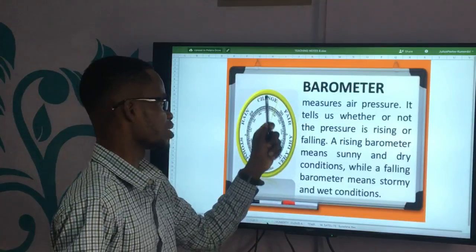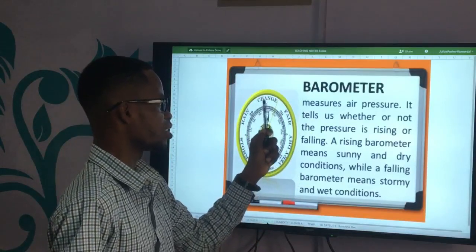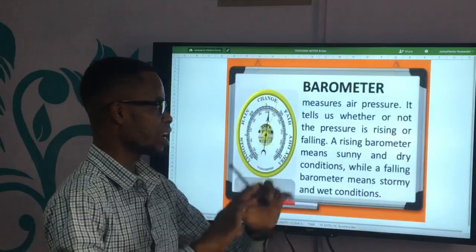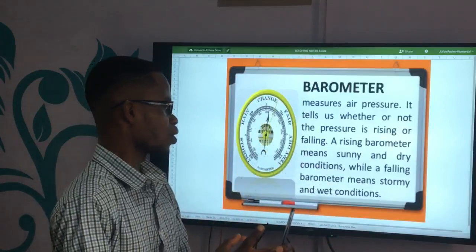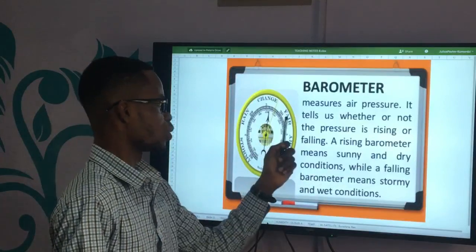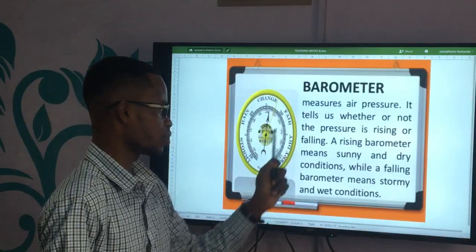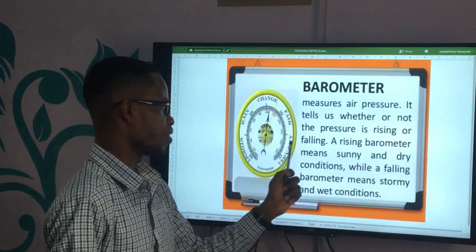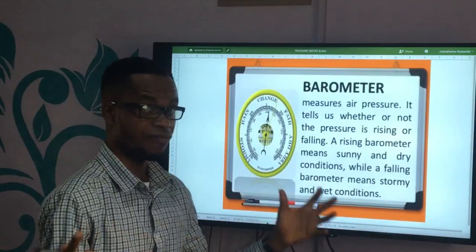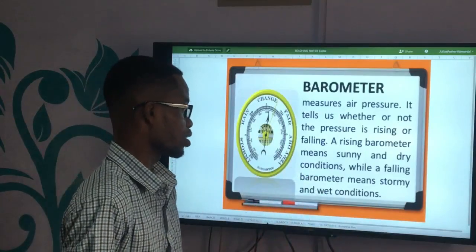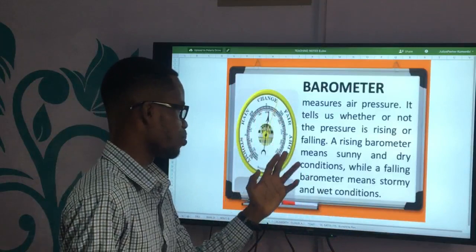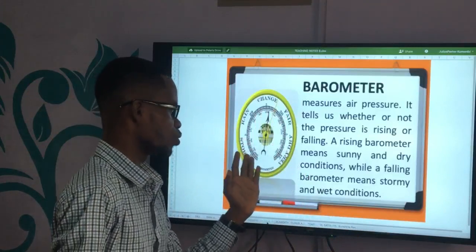If there is a change, it will begin from here and it will move. Then if there is a fair weather condition, the needle will get to this part or point to this side. And then when the atmosphere is very dry, it will move to this side. Stormy, it will move to this side.